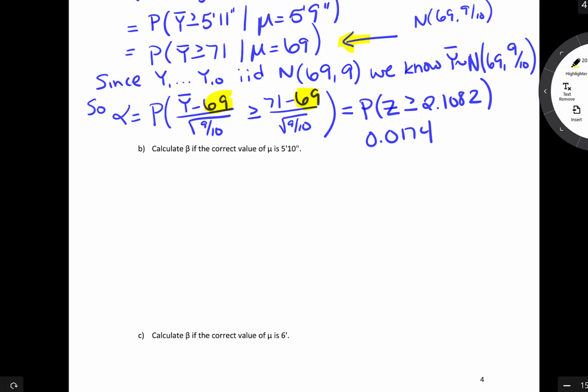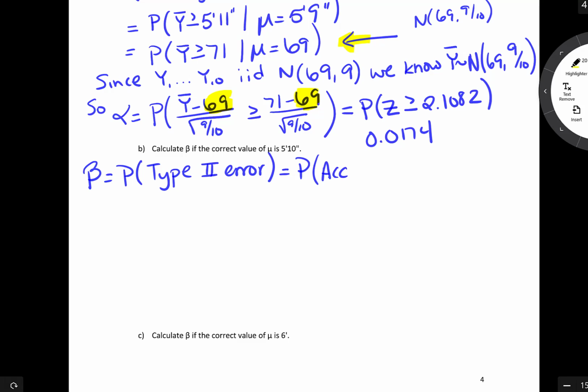We could also calculate betas, so let's see how we do that, and it's going to be very similar. So first thing we're going to do is let's just write out what beta is equal to. Beta is equal to the probability of a type 2 error. And again, by definition, this is the probability that we fail to reject the null.